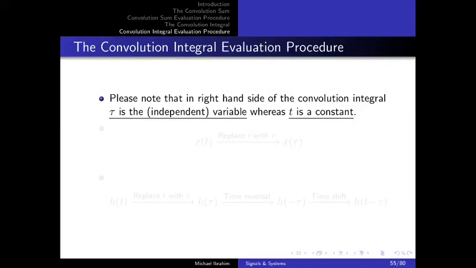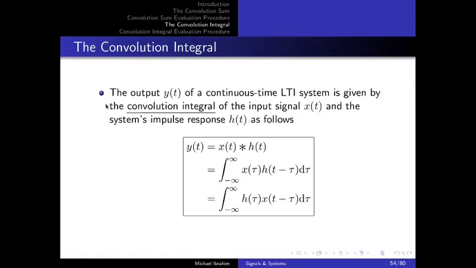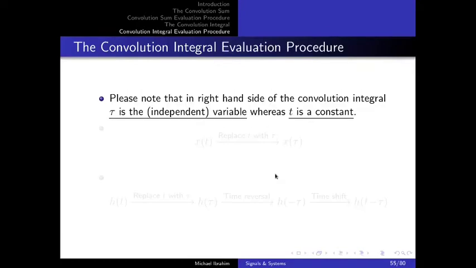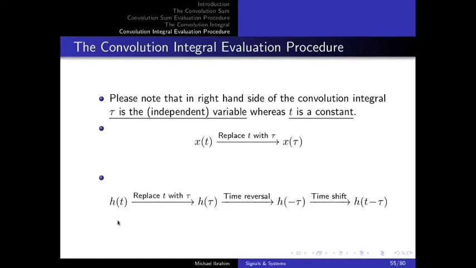And note that the variable is tau right now. In this integration, it's integration with respect to the variable tau, where t is a constant inside the integration. Okay, and the first step is to replace t with tau. x of t becomes x of tau, and h of t becomes h of tau, and then h of minus tau, and then h of t minus tau, then multiply these two together.